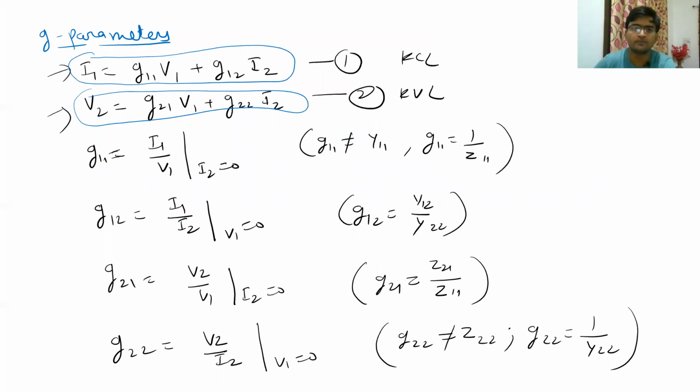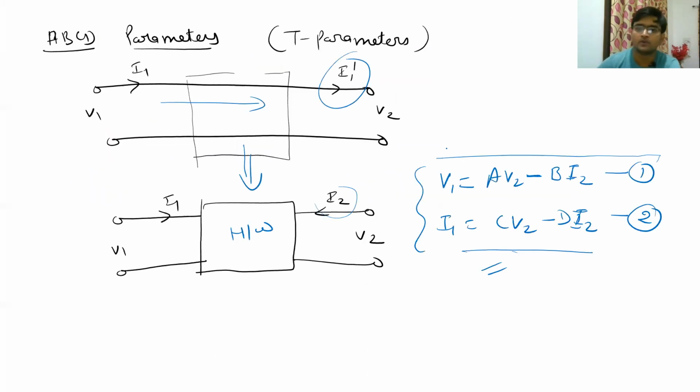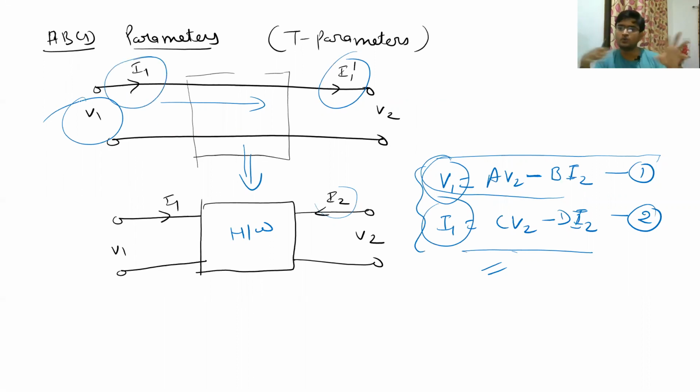But in the case of ABCD parameter, you can see that both these equations are representing only the input parameter. This V1 is at the input port and this I1 is also at the input port. So if you draw, you are going to get two different combinations of equivalent circuit, which will only be for the input port, and there is no equation which we can use to draw the equivalent circuit for the output port.